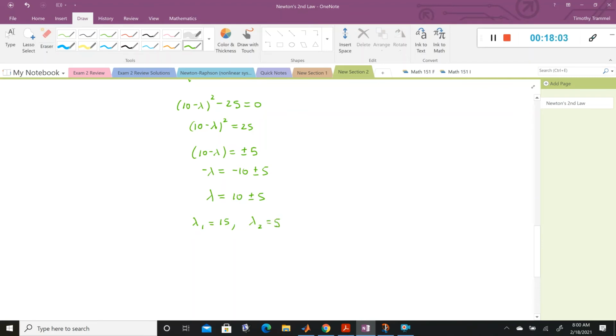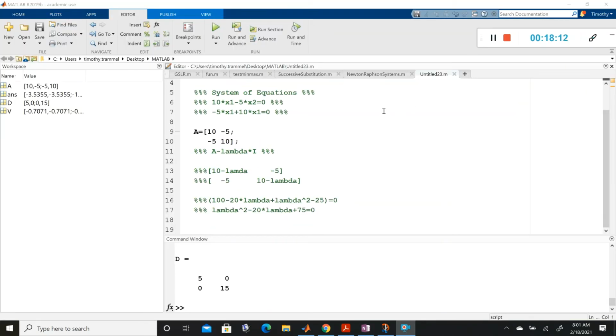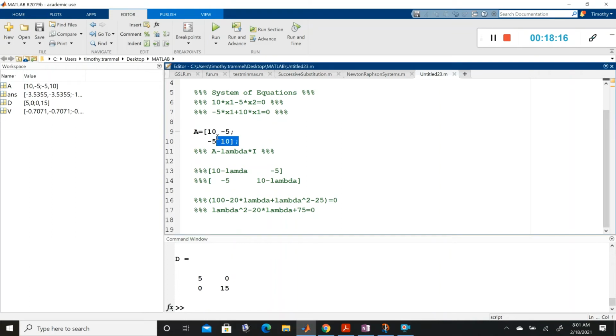Let's see how we could have done this in MATLAB, and then we'll see what useful information this actually does give us. All right, now that we're in MATLAB, I want to bring up, here was our matrix A. Again, we created A minus lambda I. That's what it would look like here.